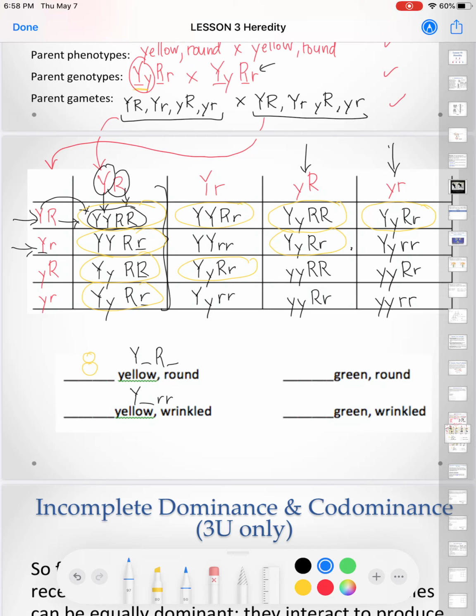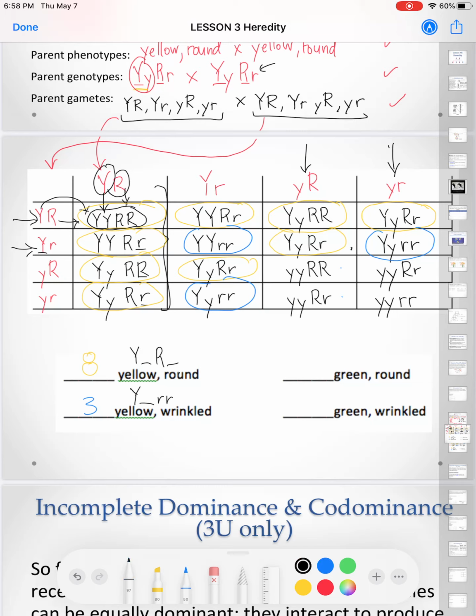So let's circle all of those guys. And they have to be the ones in the remaining options. So that would be this. And this one. And these 2 here don't have any dominant Y's, but this one does. So that's 3. So 3 options are yellow and wrinkled.